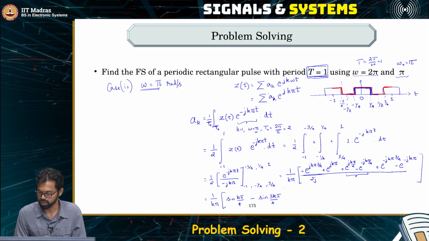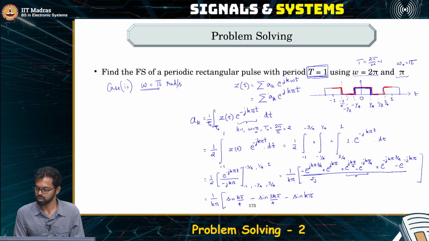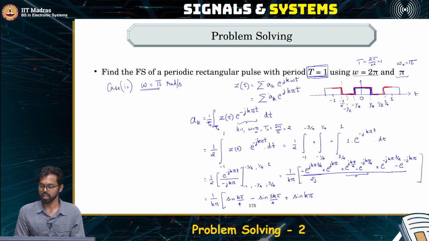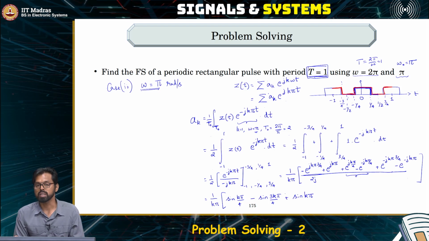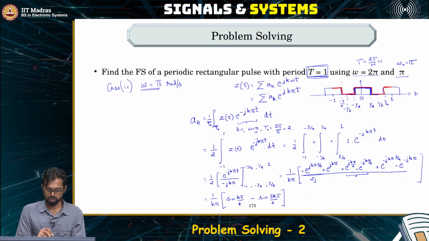In fact, what we'll have here is minus sine k pi, or we'll have plus sine k pi, which is going to be always 0 for integer k. So we can safely ignore that. So this is what we get.